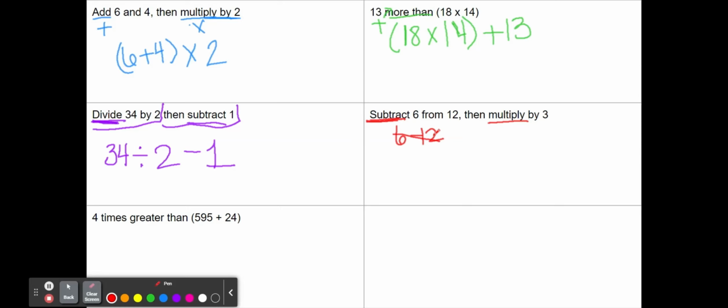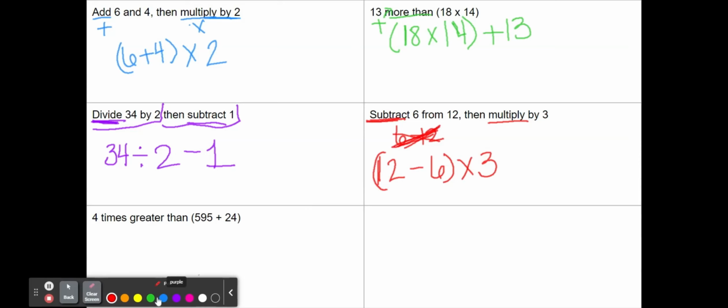So the right way to do that would be 12 minus 6. Since it's comma separated, I'm going to put this in parentheses because it makes life easier. You have 12 minus 6, then we're going to multiply times 3.